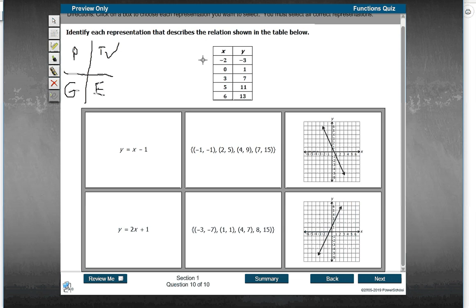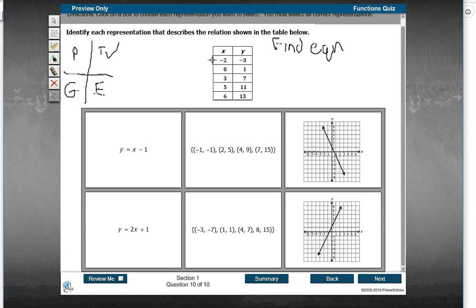If I was to approach it like this, I'm going to say, okay, right away, let's find the equation. Since I kind of like that one, it makes it a little bit easier, and then we can check our other options. Find equation. All right, so let's find our slope.